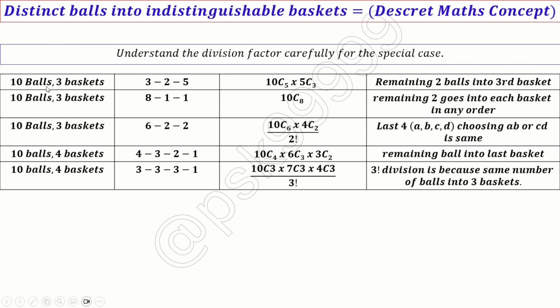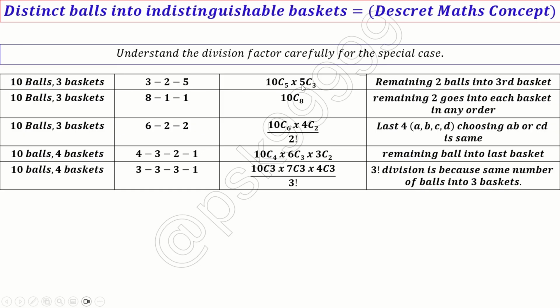Okay, let's take 10 balls and 3 identical baskets, and you have to keep 3 balls in one bag, 2 balls in another bag, 5 balls in the other bag. That's how 10 balls are placed. How many ways can you keep them? Take the bigger number first, 10C5. I can choose any 5 balls from 10 balls, which will go into one basket.